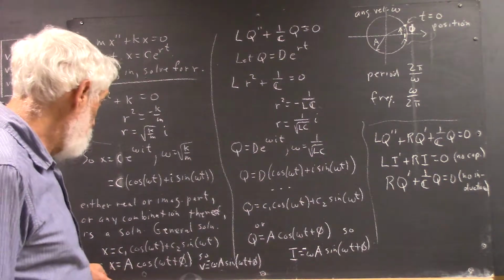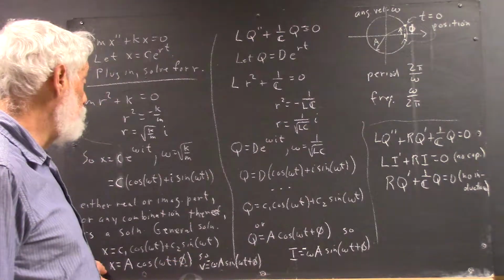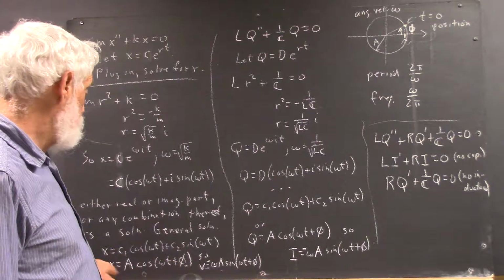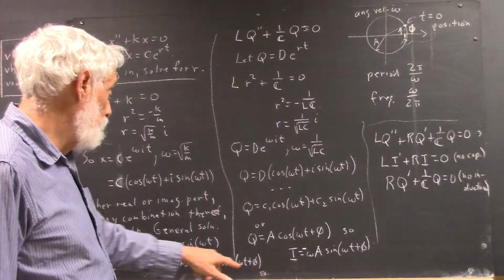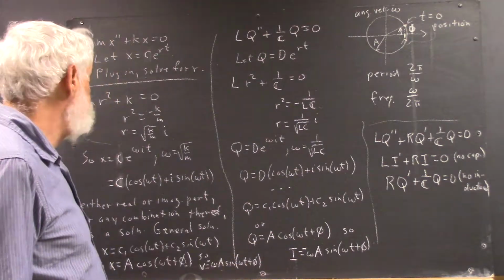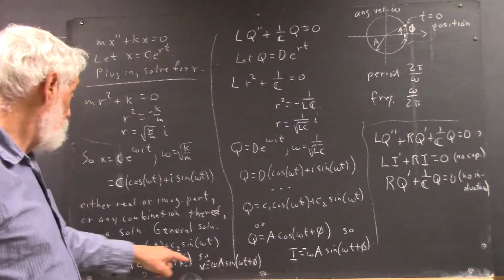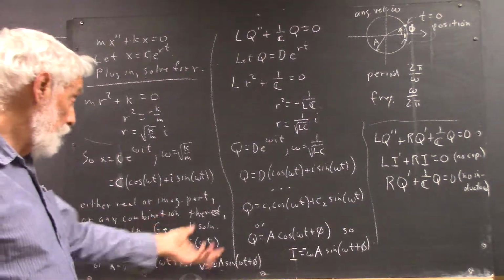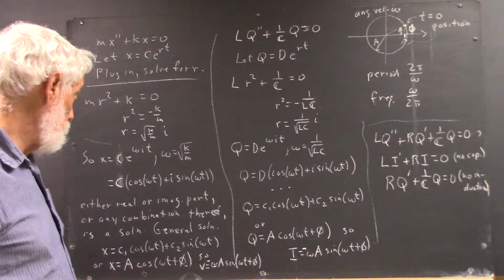Also, incidentally, from this, it follows that your velocity function, being the time derivative of your position function, would just be negative omega times A sine of omega t plus phi. But right there's everything you need to know. If you want the acceleration, we'll just take the derivative of that. You get negative omega squared times A cosine of omega t plus phi.